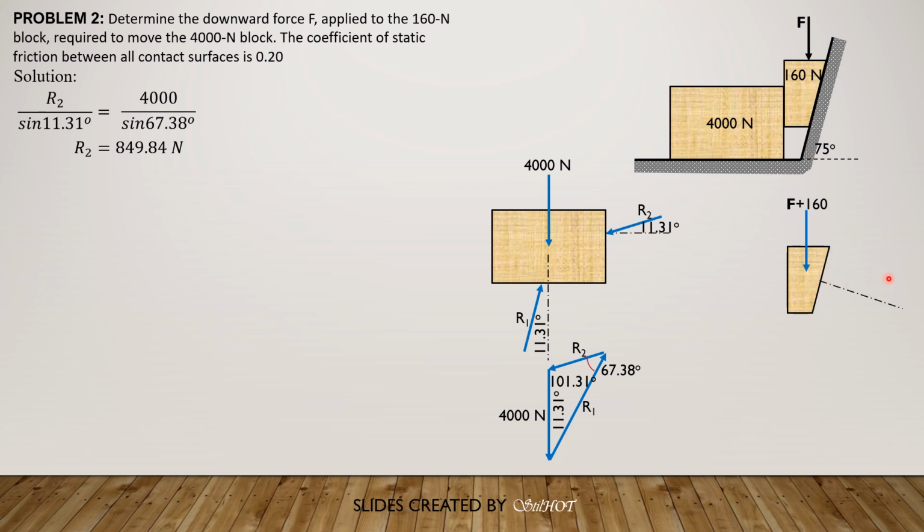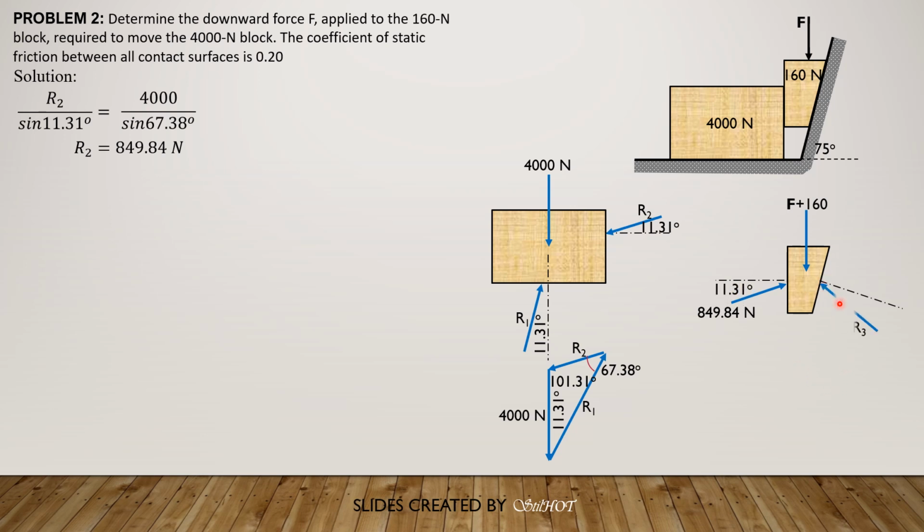So it makes an angle of 15 degrees with the horizontal, 90 minus 75, 15 degrees. And since the effect of this force will react this surface up to the right, therefore the resultant R3 will be making an angle of 11.31 degrees with this normal. So this is R sub 2, 849.84, which is opposite to this, and the angle is 11.31 degrees.